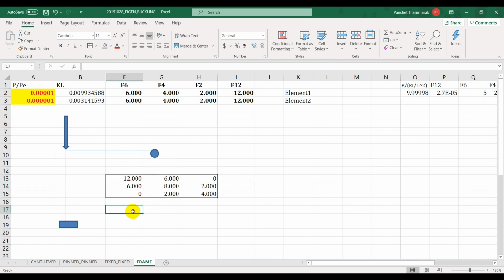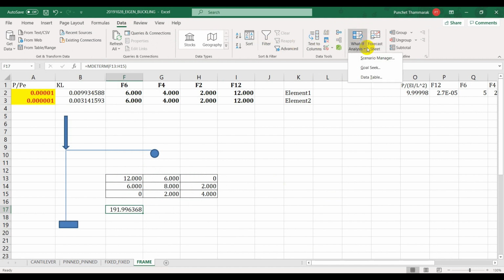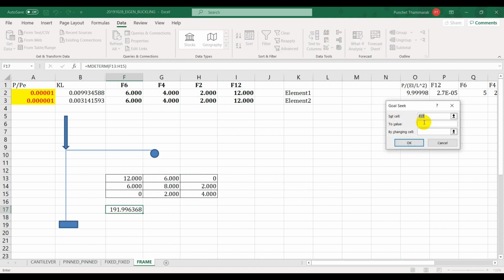Okay, and then we set this MD term. And we're going to do the goal seeking by changing this P for element number 1.